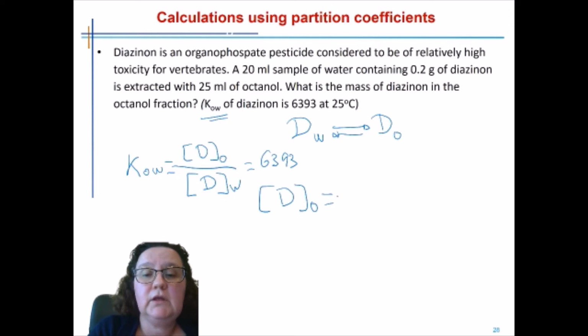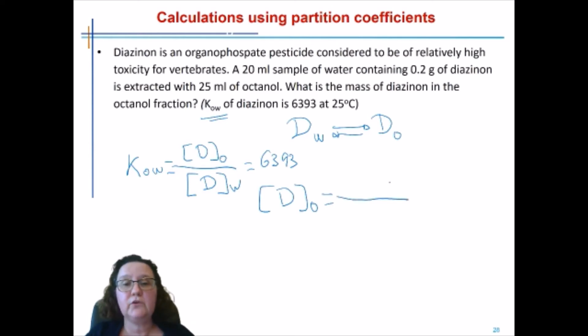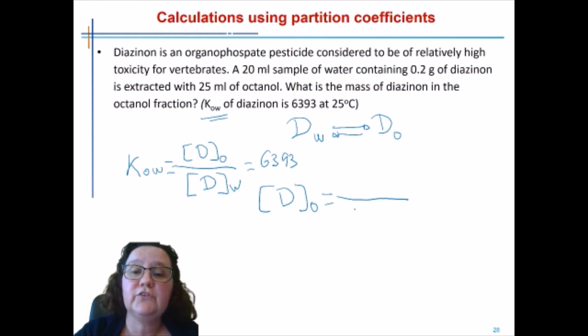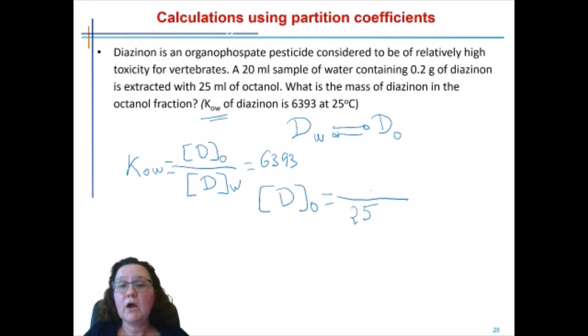Well, it's going to be how much diazinon is in the octanol, and I don't know how much that's going to be, because that's what the question is asking me, divided by the volume of octanol I have. And that I know is 25 milliliters.